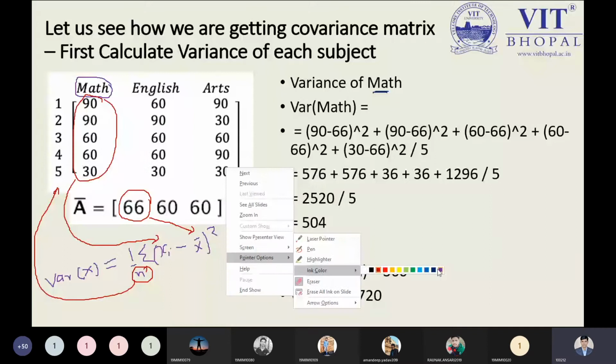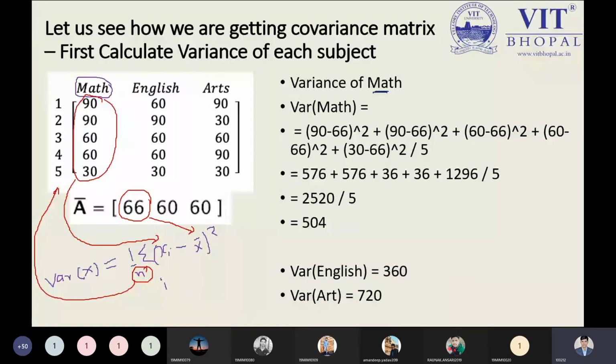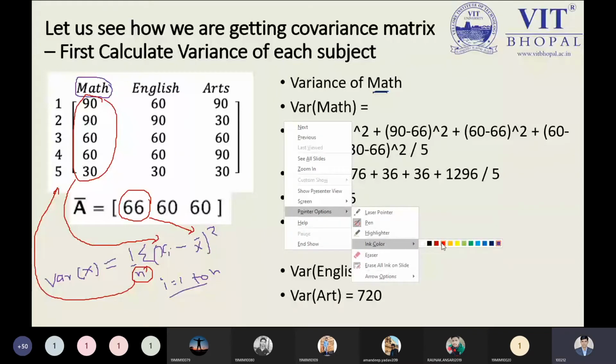How many times do you have to run? i equal to 1 to n, and n is 5. If you run this function n times, you will get this value.